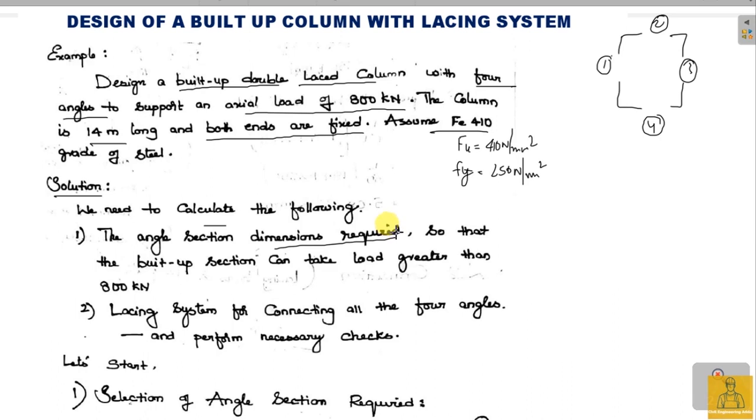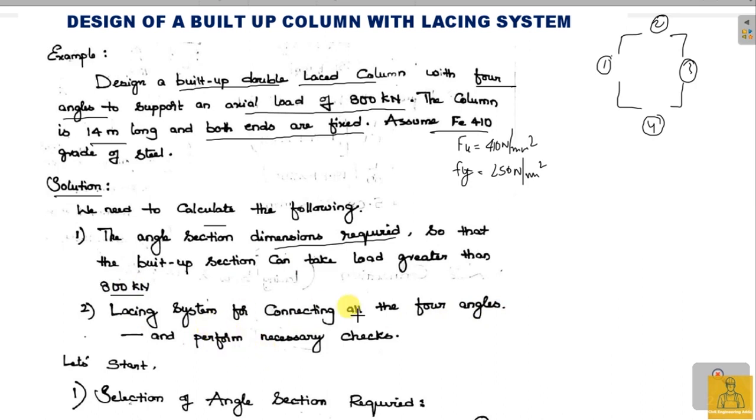You have to decide using the code book, so that the built-up section can take a load of 800 kilonewton. Next, the lacing system for connecting all the 4 angles, and perform necessary checks.